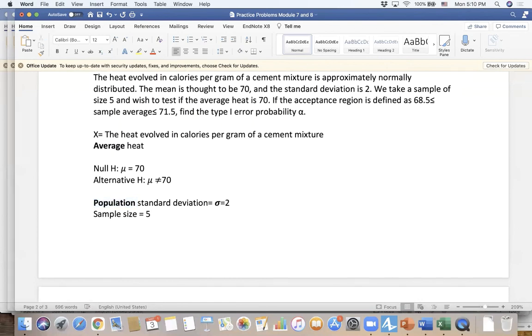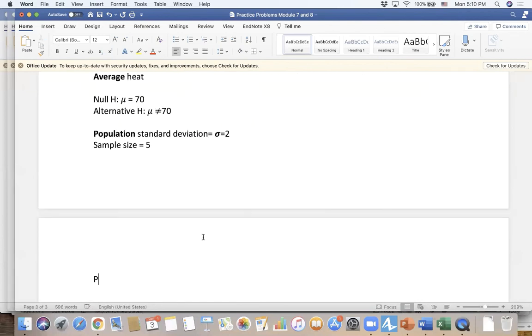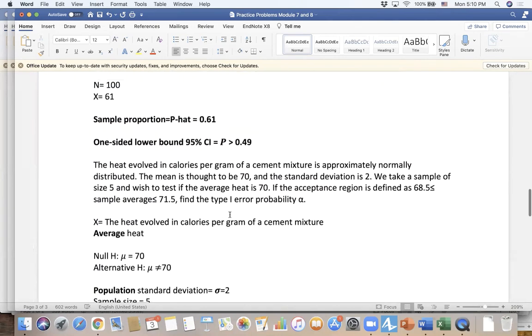I'm not going to solve this for you guys, but it is the probability of rejecting H null if H null is correct. And this is your acceptance region.